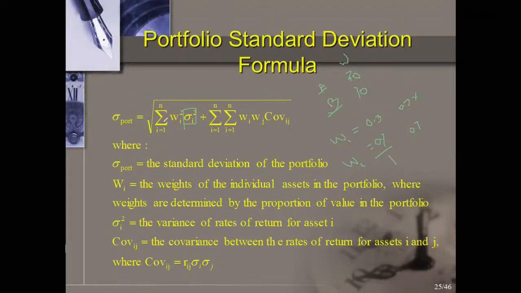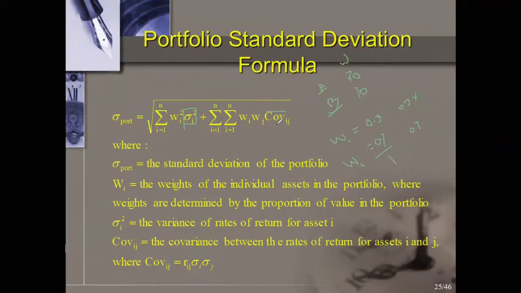Same is the case once these are calculated. These will give us a weighted average variance, and this is for the portfolio making. This portfolio making is calculated on the basis of covariances. Keep in mind, if we have two assets, we will have only one covariance. And if we have three assets, we will be required to have three covariances.